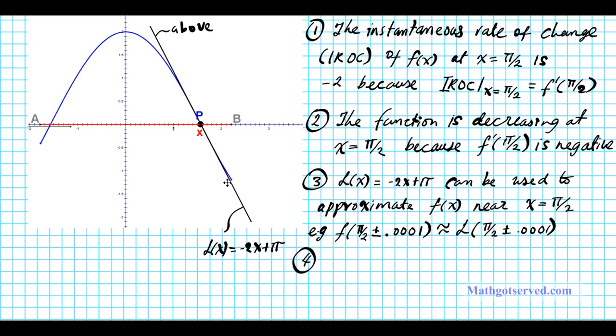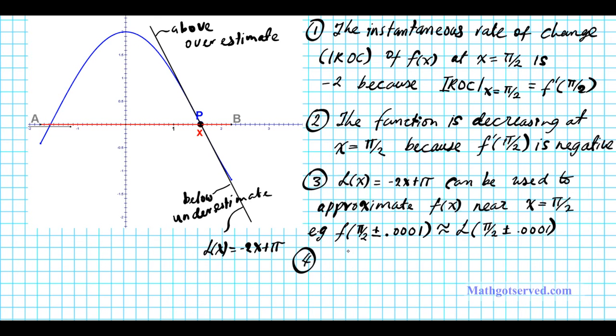And then if you're to the right, the tangent line is below the function. So that basically tells you that if you're to the left, you're going to have an overestimate, because the tangent line is above. And then if you're to the right of this point of tangency, you're going to have an underestimate. It's going to be smaller than the actual value.